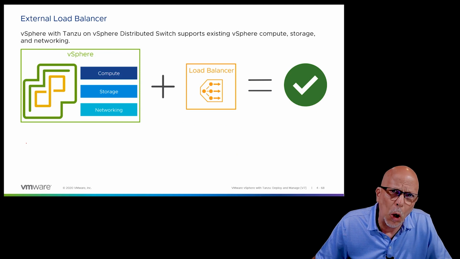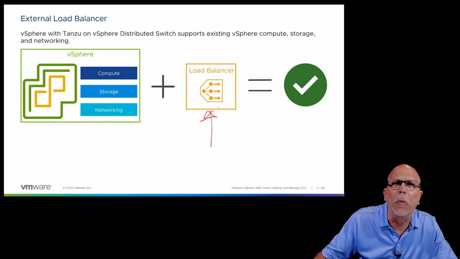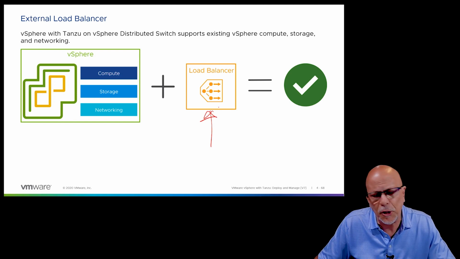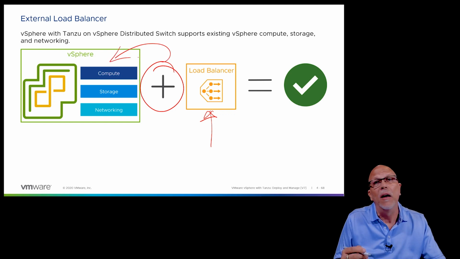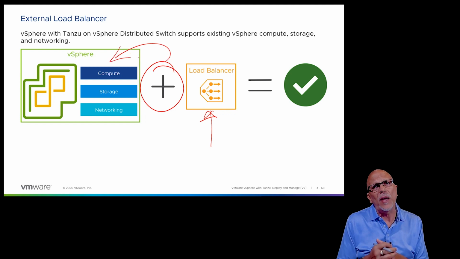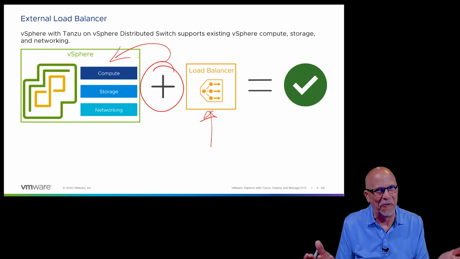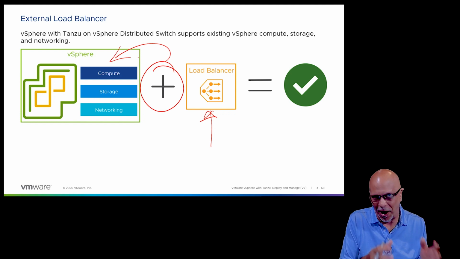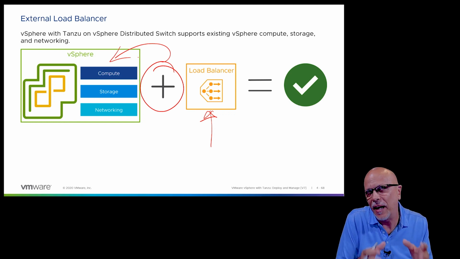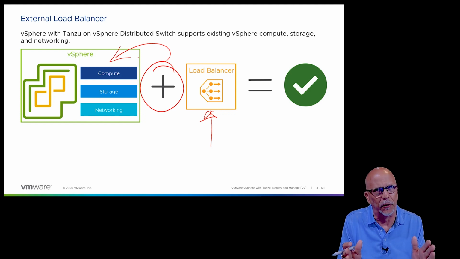The external load balancer is going to be this additional component you're going to need to add to your existing vSphere environment. Now, we assume most of you already have a vSphere environment if you're taking this course. So you've got your existing vSphere environment and you're saying, okay, what can I do without making a lot of additional changes, and I'm just running core vSphere?